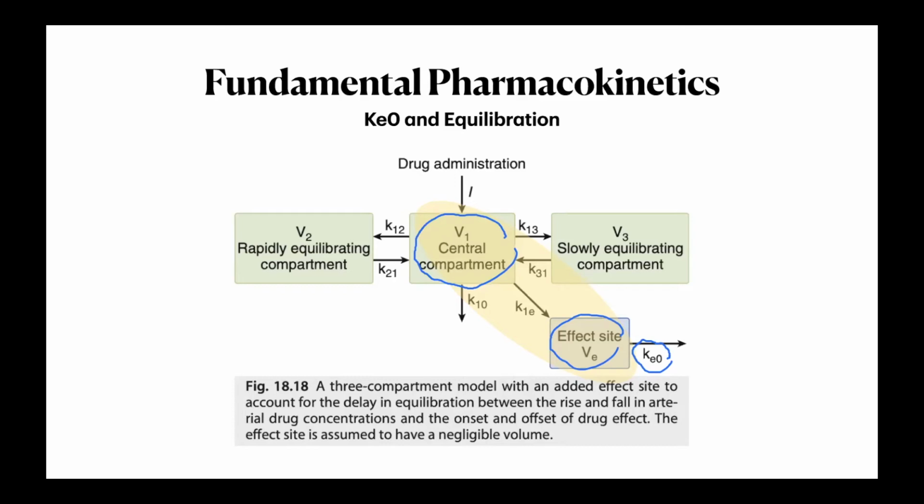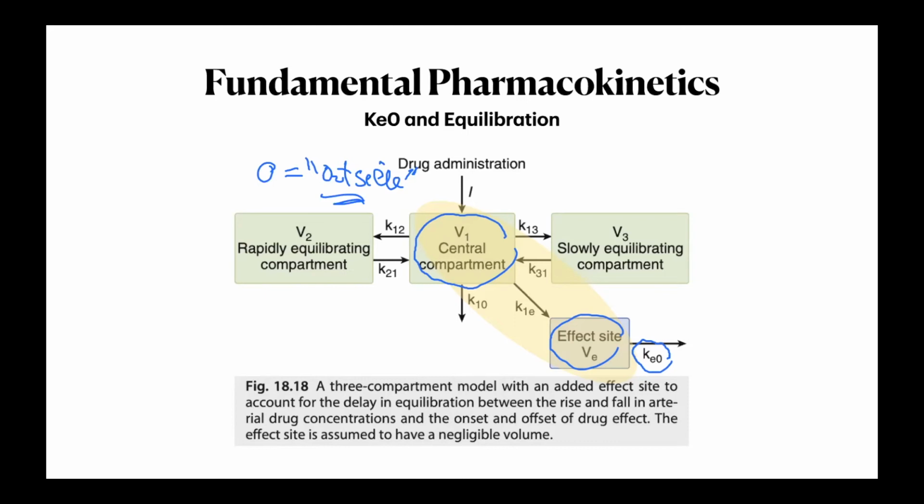So O represents outside. The other way that it's also being presented is KE0. And that has been presented in text as a representation that the outside compartment is also labeled as 0, because you've got V1, V2, V3, and the effect site. And so they've labeled the outside compartment 0.